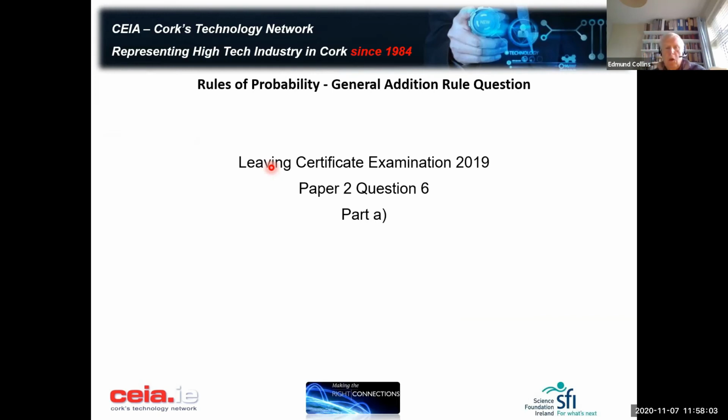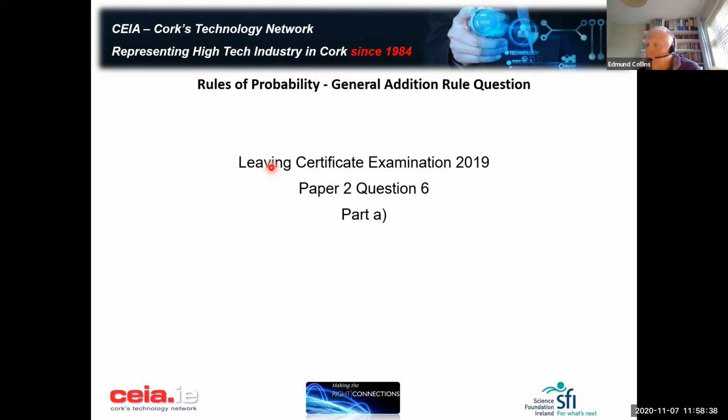So we're doing quite well on time here. So going to be going through this question here, which is from, again, 2019, paper 2, question 6, part A. So there's quite a bit of working out in this one, which is very typical of probability questions.